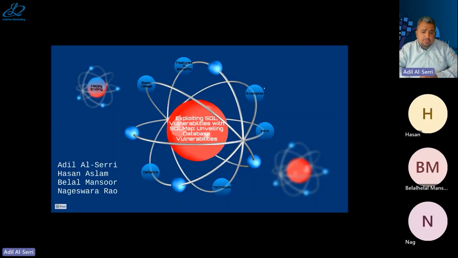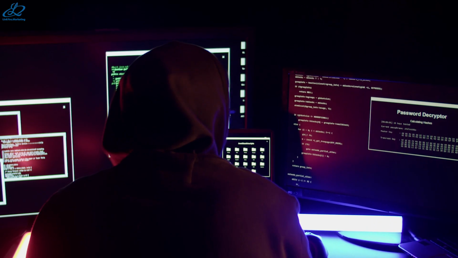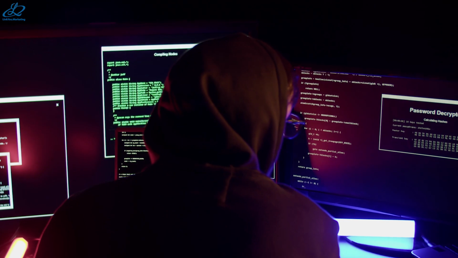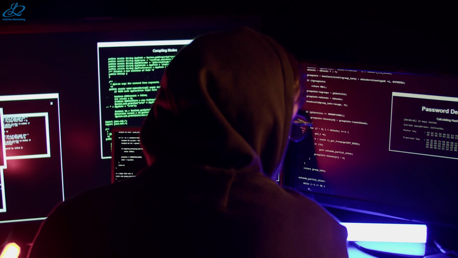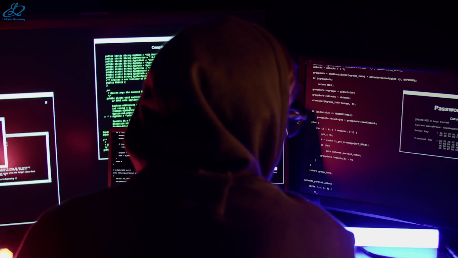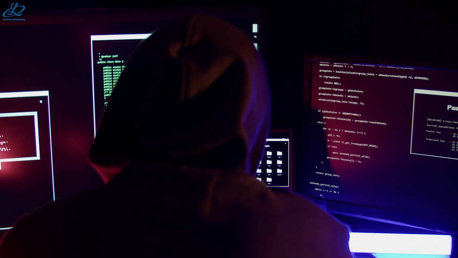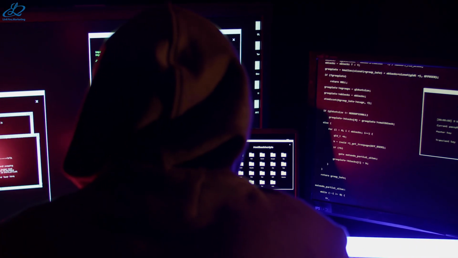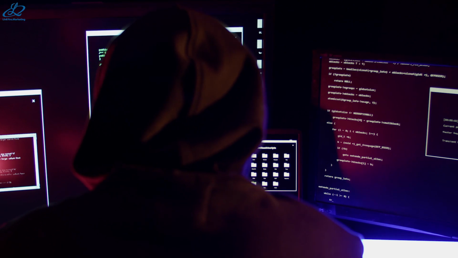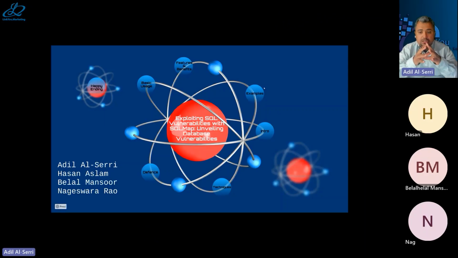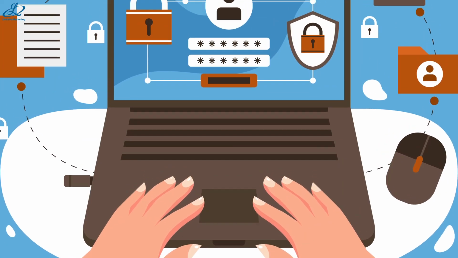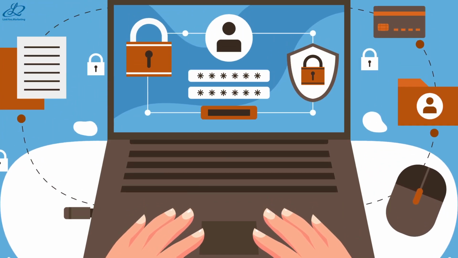The reason we chose this topic is that as businesses rely increasingly on digital data storage, databases are becoming a prime target of cyber attacks. By presenting on SQL vulnerabilities, we hope to raise awareness of these issues and inspire businesses to take proactive steps to secure their data. So join us to learn how to protect your database against potential attacks.